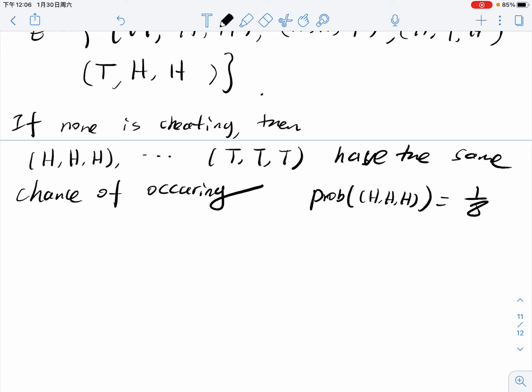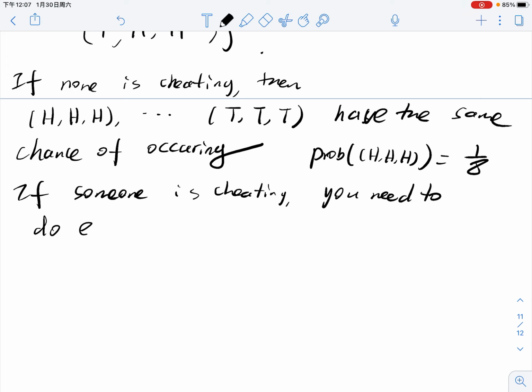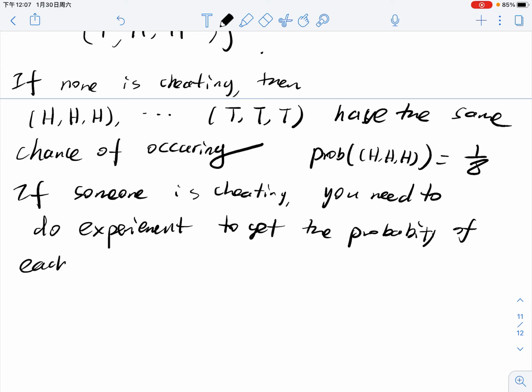You cannot assume they are equally likely. If someone is cheating, you need to do experiments to get the probability of each outcome.